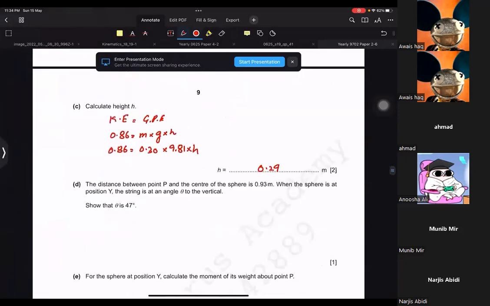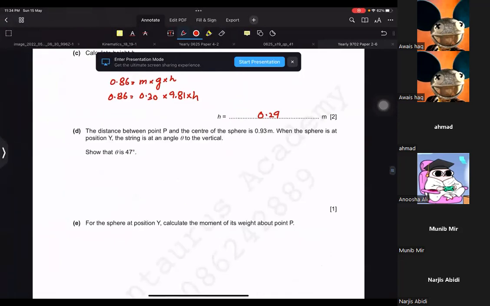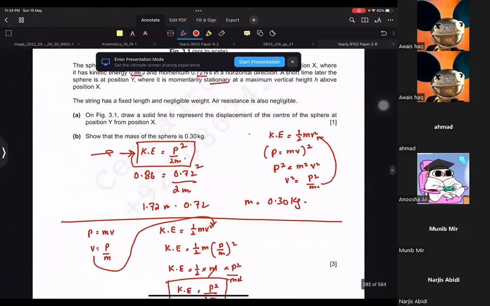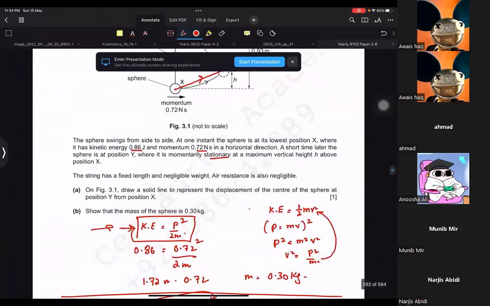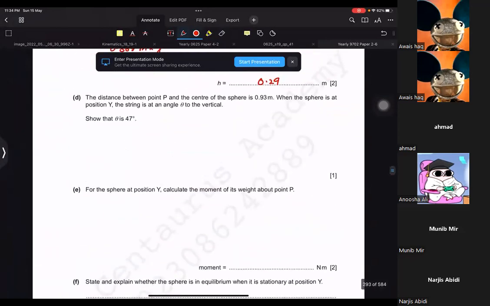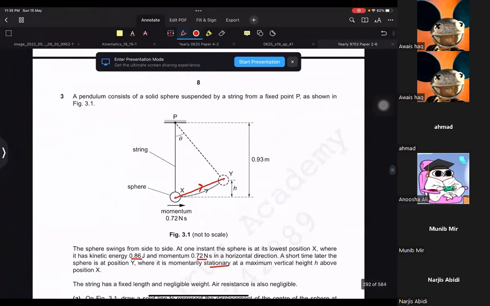Okay, the distance between point P and the center of the sphere is this. Where is point P? All right. When the sphere is at position Y, the string is at an angle. They show that theta is 47. Now this is a question.